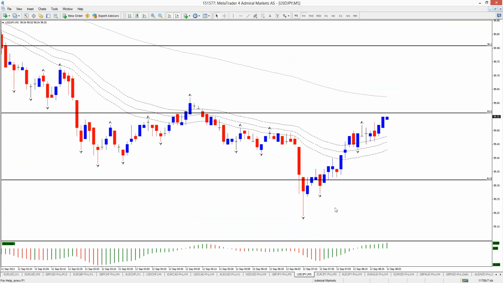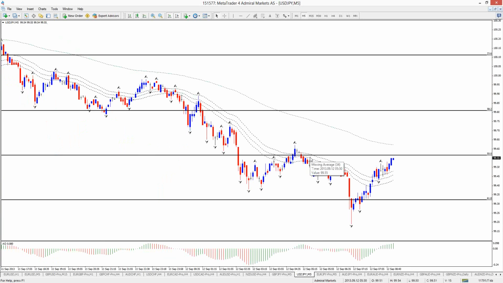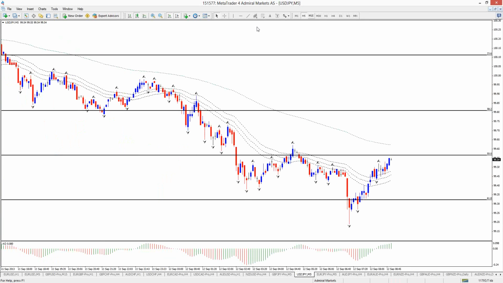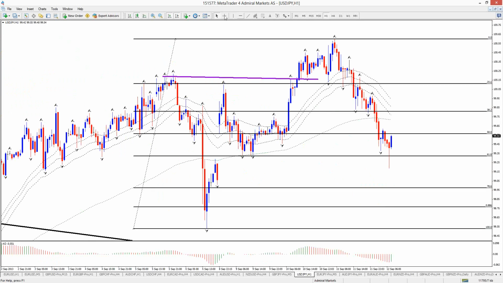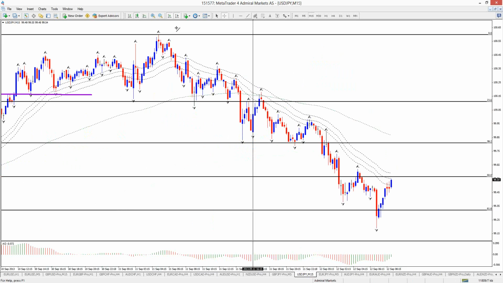Dollar yen is pushing up. In fact, that could be a good breakout trade here.